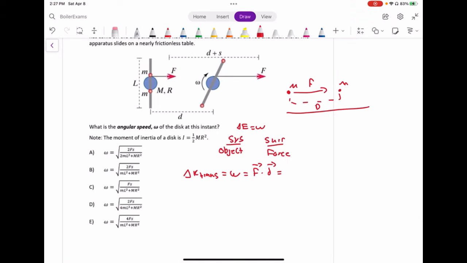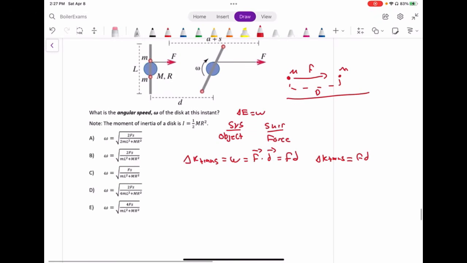Okay, so that's just FD. So delta k trans equals FD. Okay, now this is for the point particle. Now let's move into extended.